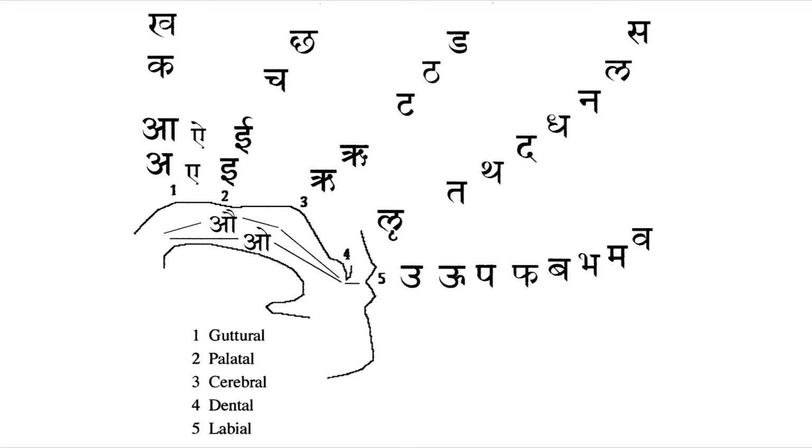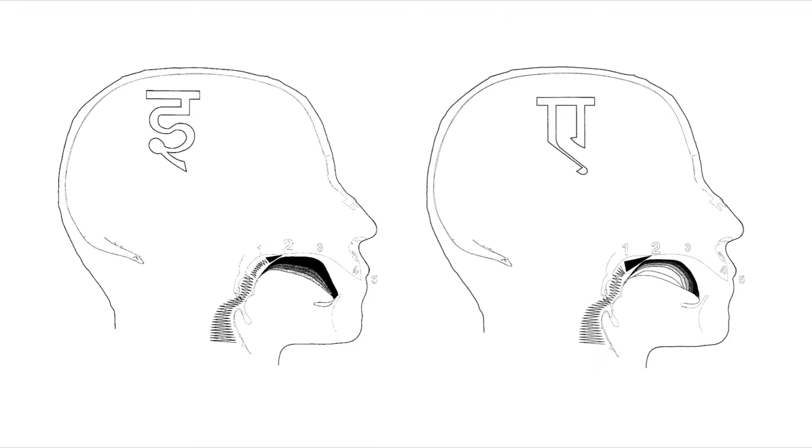It's very important to feel in your mouth how e is a combination of a and i. First of all, notice that i is the final stopping point of the sound e.